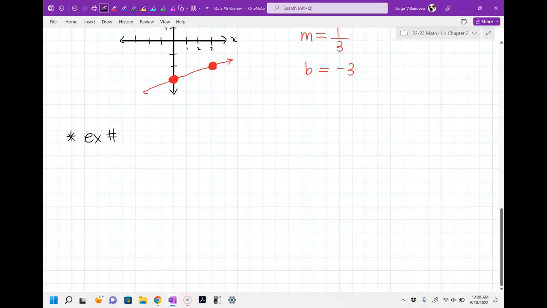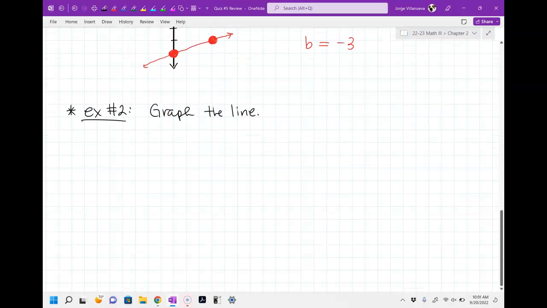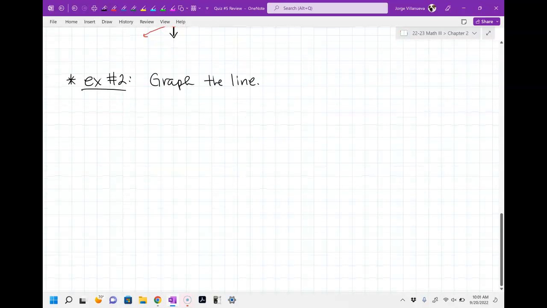So example number 2, where they're going to say, graph the line. They're not going to actually say that. They're going to say rewrite the equation in slope-intercept form and then graph it. I'm just going to write graph the line. I'll put a graph up here, a real quick one.